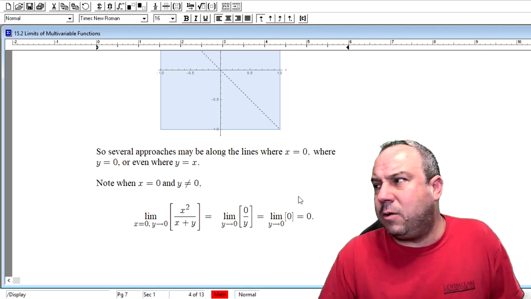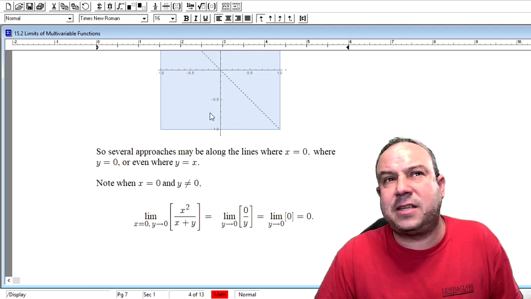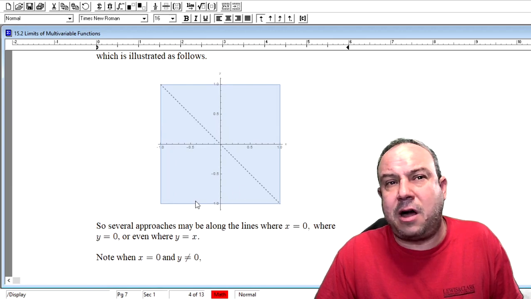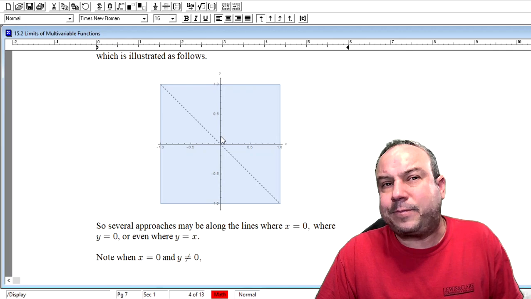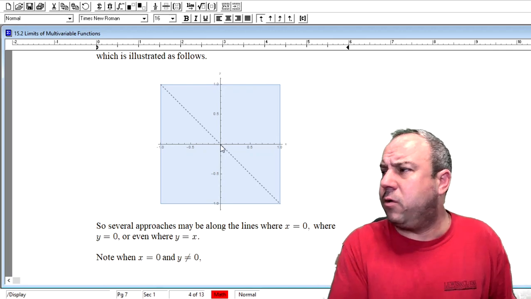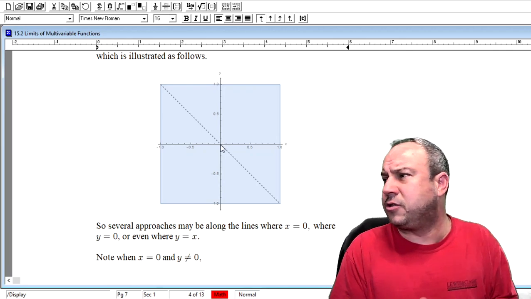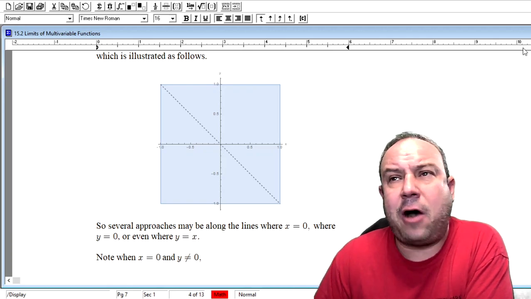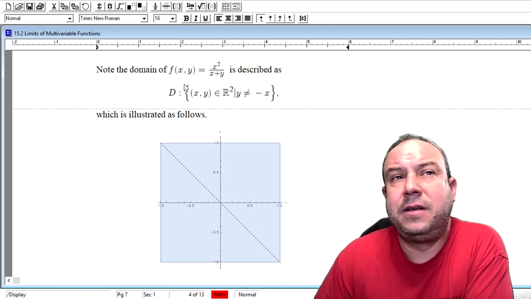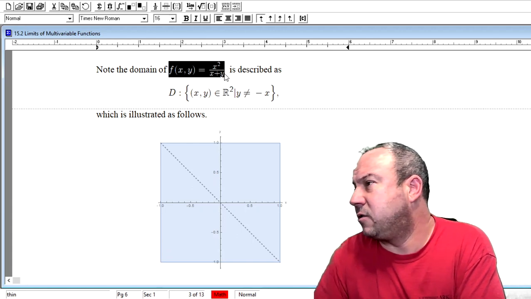So right now, what the information is telling us is if I approach the origin in my domain along the y-axis, I will approach 0 in value for the output of this function, x squared over x plus y.